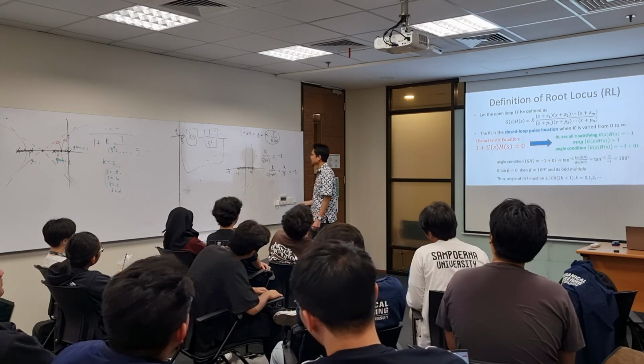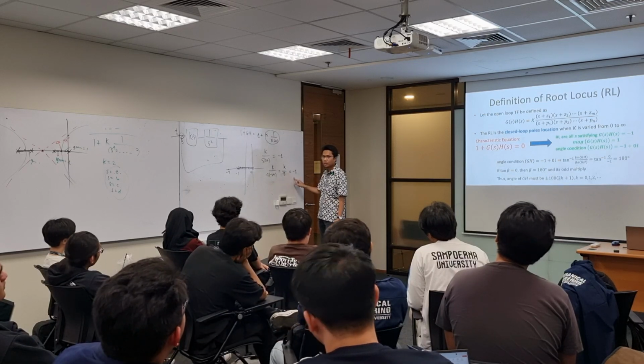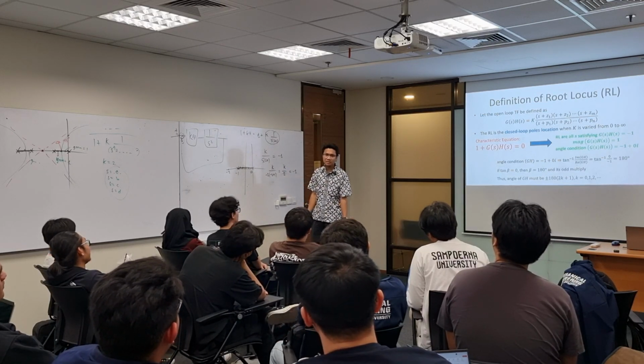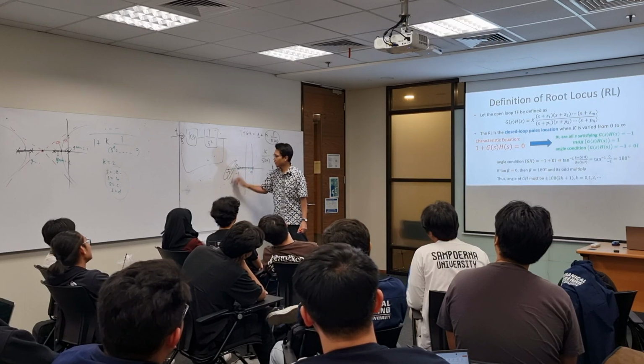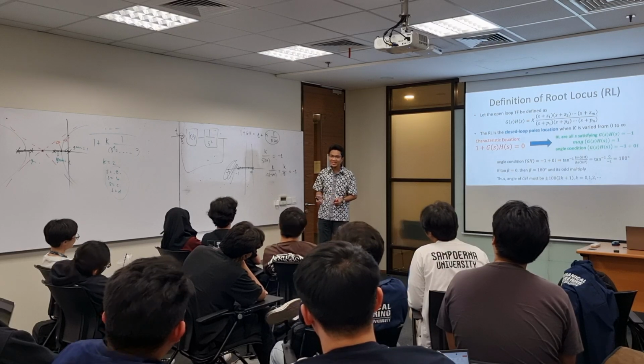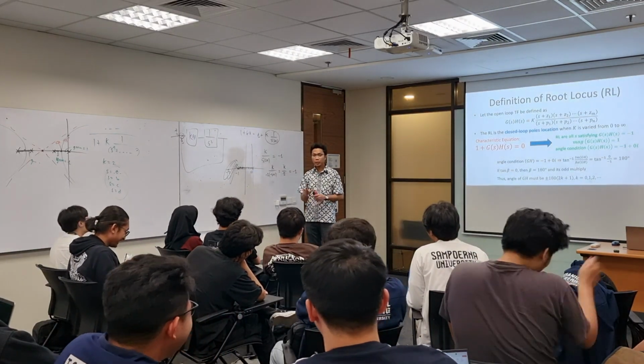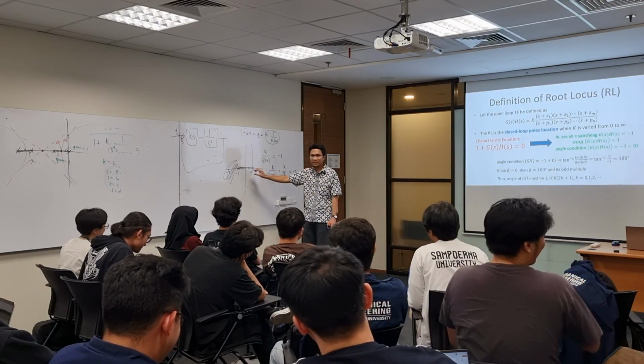Equal to -1. Can we have a positive K that can make this happen? No. So that's not a root locus position. No root locus over here. So this is how we test it.